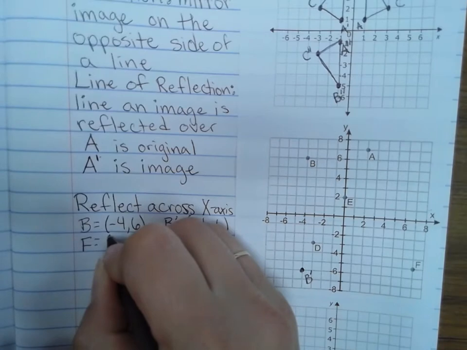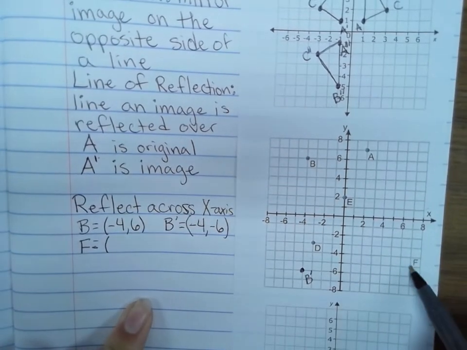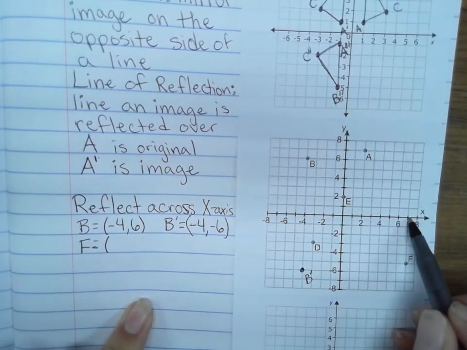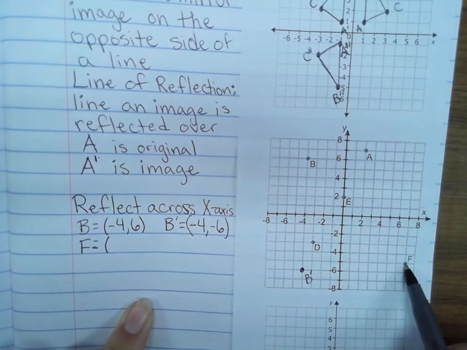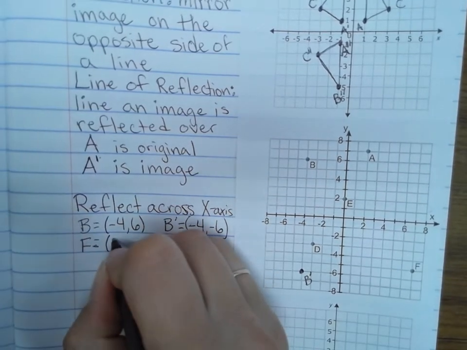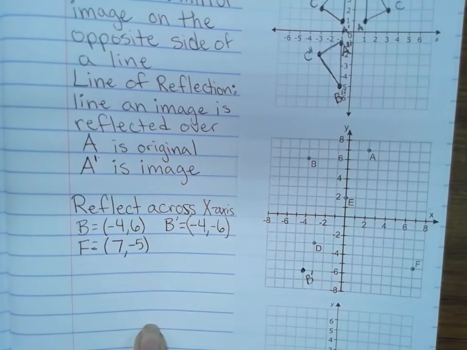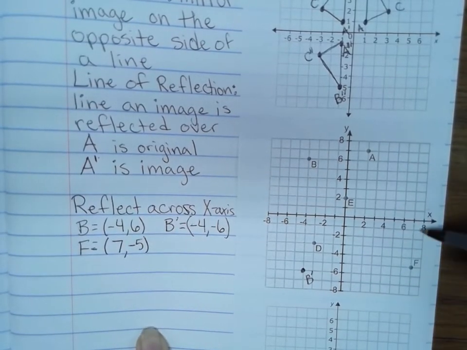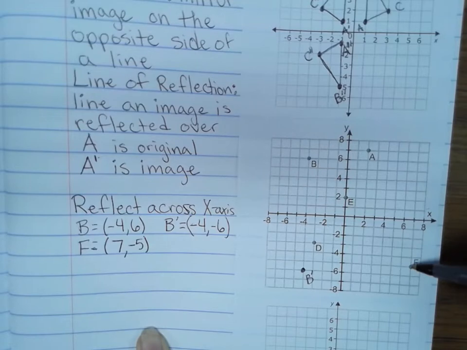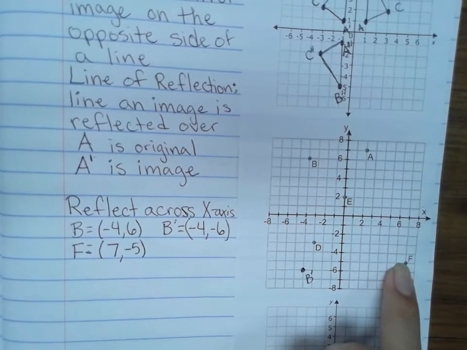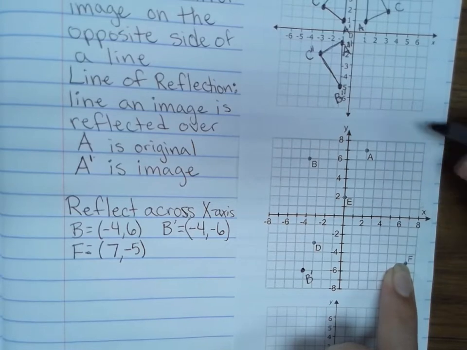So let's look at F. My original coordinates for F are positive 7, negative 5. So if I reflect that across the x-axis, I'm 1, 2, 3, 4, 5 units down. So the opposite would be 5 units up. 1, 2, 3, 4, 5 units up.